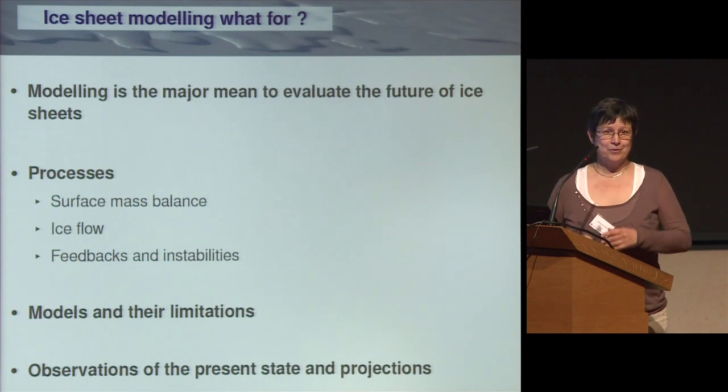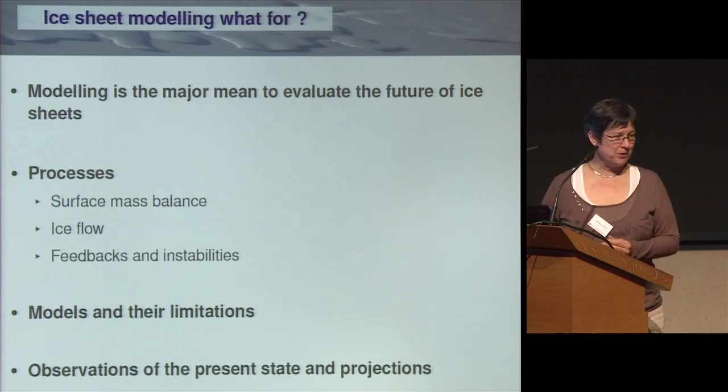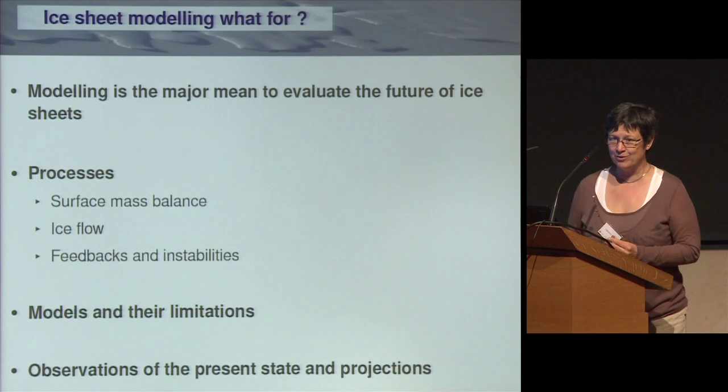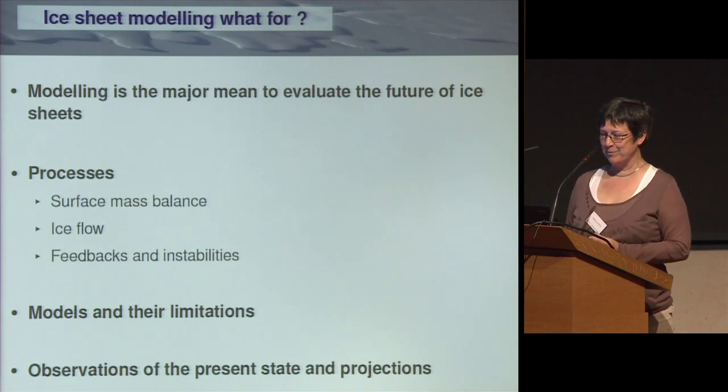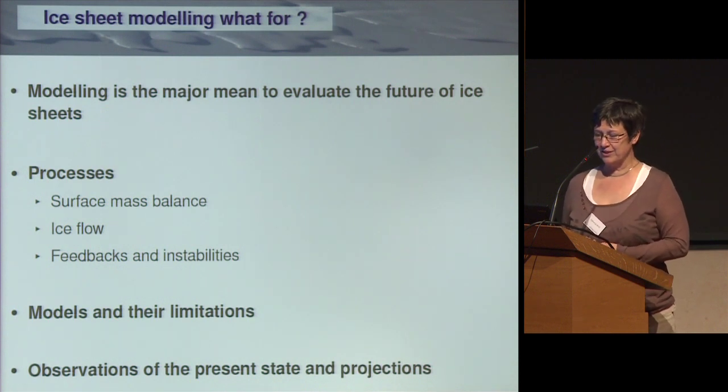So, for the future, of course, I will speak about modeling because there is little other way to do projections. I will not speak about statistical modeling, but process-based modeling. The processes involved in the evolution of the ice sheets are surface mass balance and ice flow, but there are also some feedbacks and instabilities.